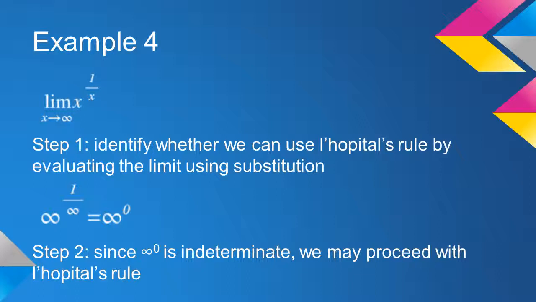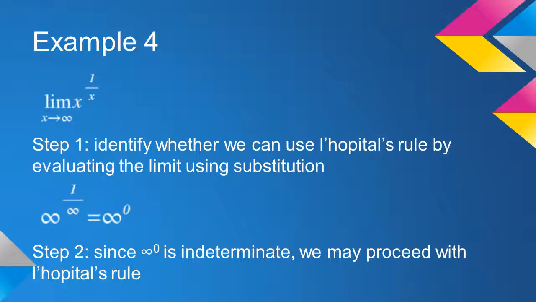So we just substitute infinity into the limit. We get infinity to the power of 1 over infinity, and that simplifies to infinity to the power of 0. And our second step is, since infinity to the power of 0 is indeterminate, we can proceed with L'Hopital's rule.